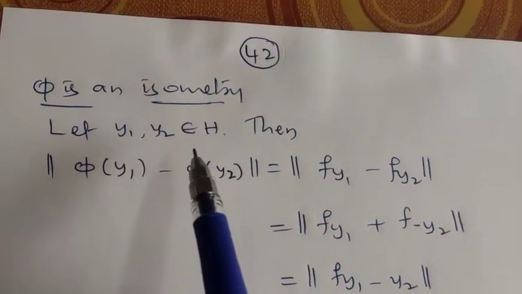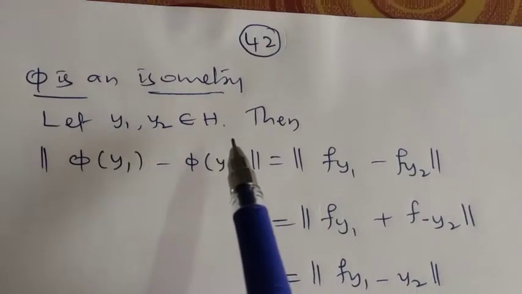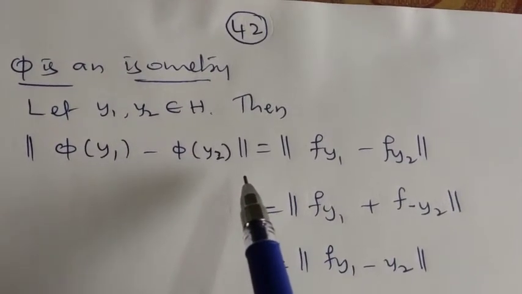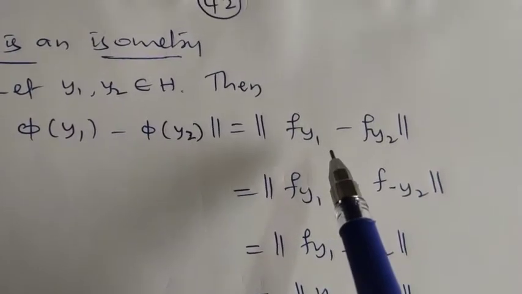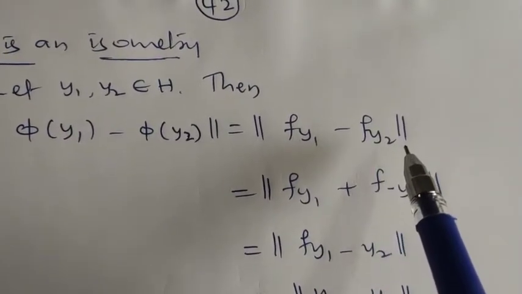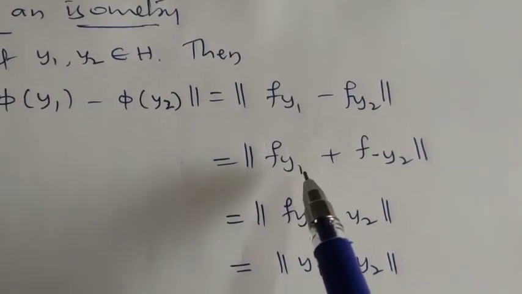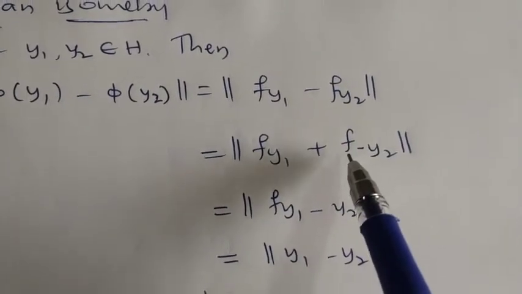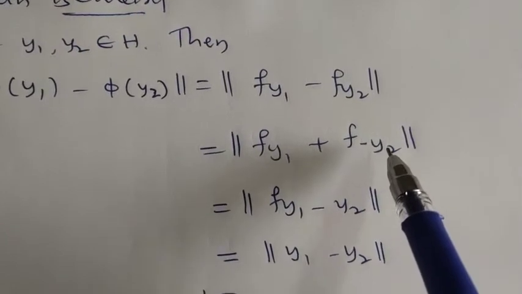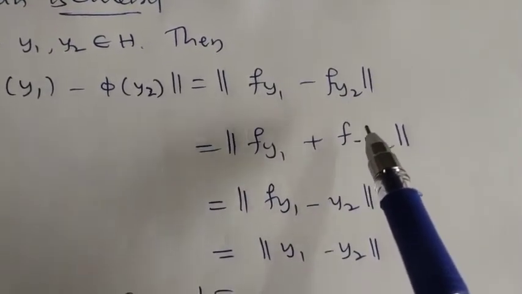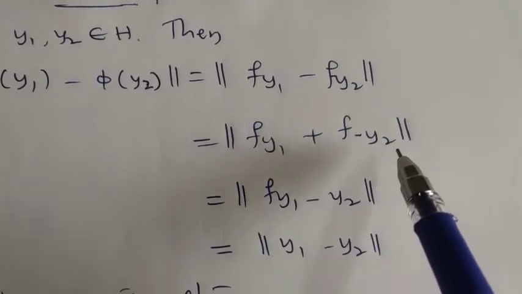For this, let us take any two elements, say y1, y2 belonging to H. Then norm of phi of y1 minus phi of y2 is, by definition, norm of Fy1 minus Fy2. This is equal to norm of Fy1 plus F of minus y2, because minus Fy2 is the same as F of minus y2.